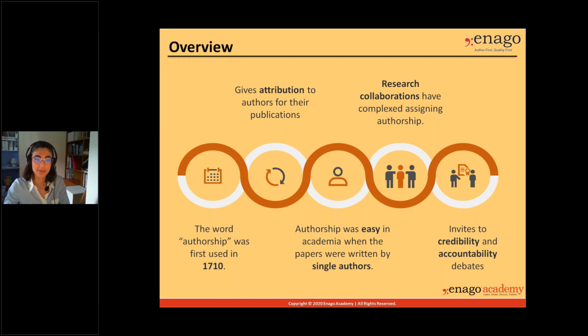So being able to assign authorship in a way that is fair, appropriate, and organized and completed in a timely fashion is an important skill to develop as one proceeds through their academic career. It's a way to invite credibility and accountability debates, of course, but this is something that one needs to learn how to successfully address.